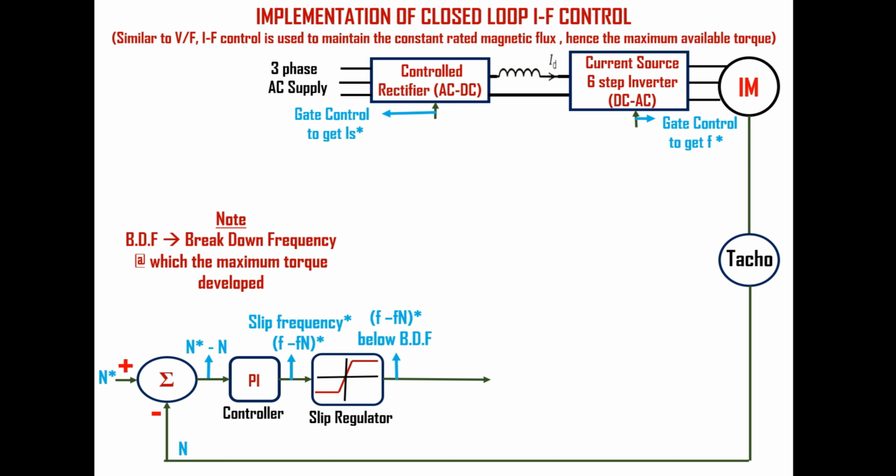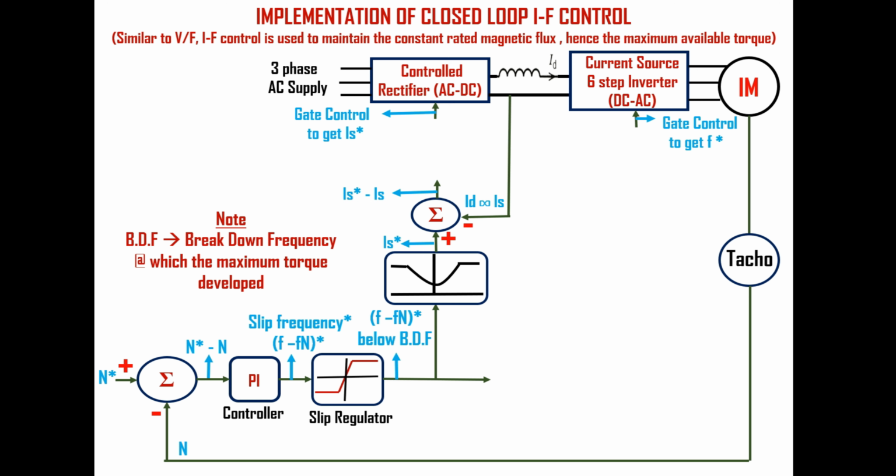With this desired slip frequency, we can get the desired stator current Is star, because we already know how the slip frequency and stator current Is graph should look. So that can be implemented using a lookup table that includes the characteristics as shown. Now, this desired stator current Is star will be compared with the actual stator current Is in the error generator.